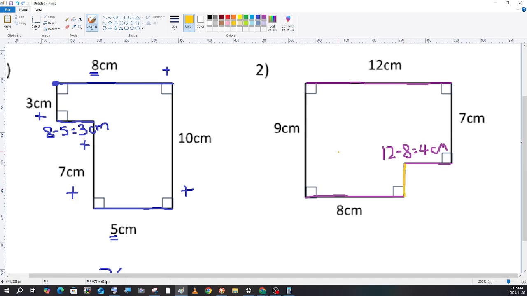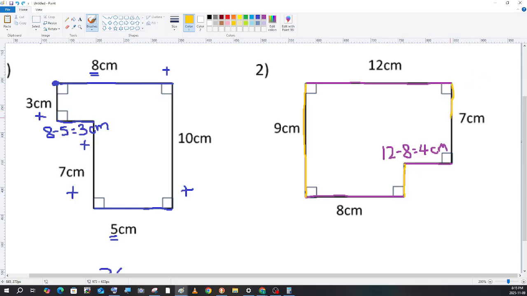All right, so this side here we also don't know the length of. It wasn't given to us, but we can find it because we know that this side on the left here, which is parallel to our unknown side, is 9 centimeters.